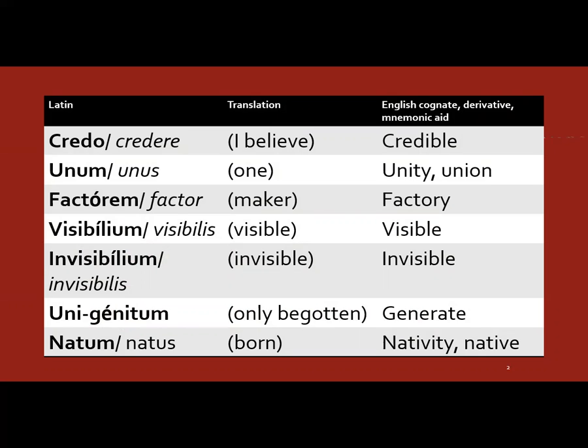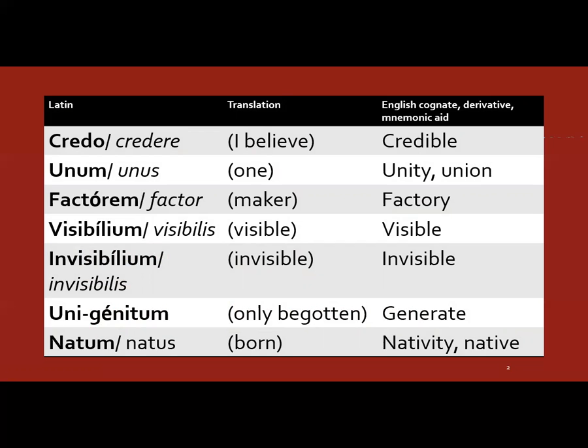Then I'm doing the English translation, and then I'm giving an English cognate, derivative, or mnemonic aid, something that helps you remember it. So our first word is credo, and it means I believe, and our word credible means it's something that is believable. Unum, easy enough, unify or unity, union, it means one.